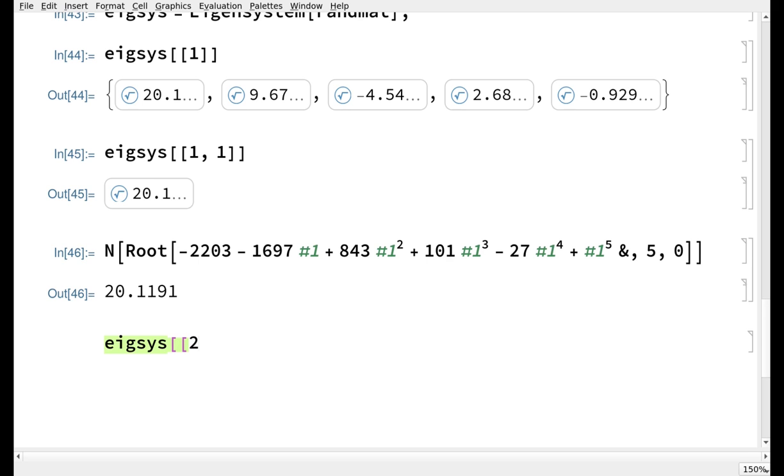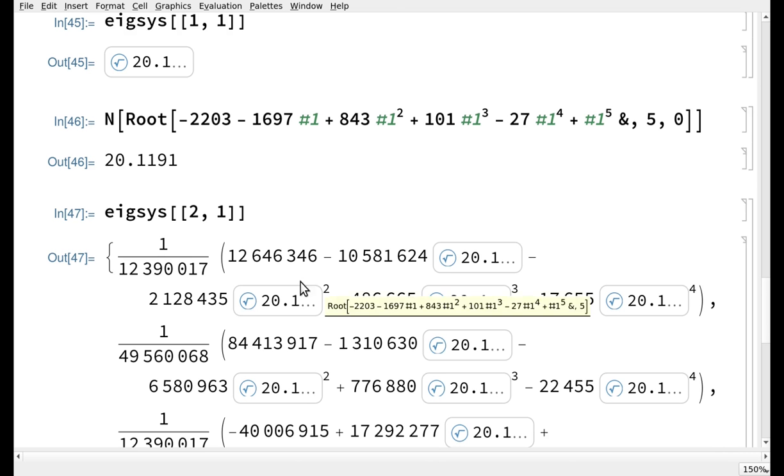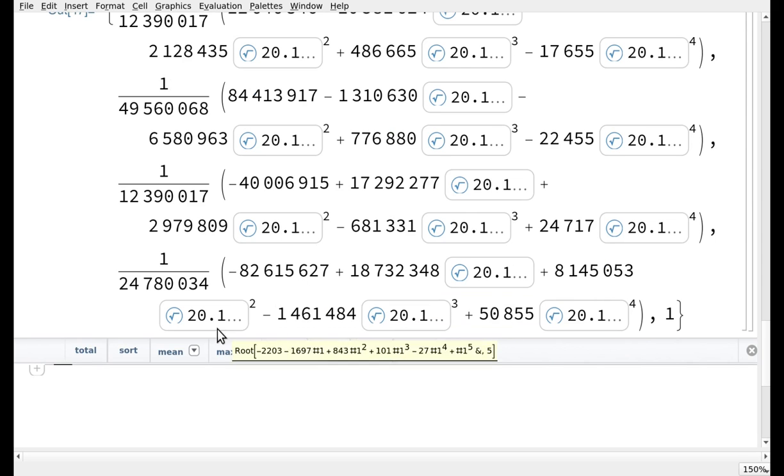Now I want the second entry, because the second entry is a list of eigenvectors, and I want the first vector in that list. So I want the first eigenvector, which will correspond to the first eigenvalue. So I do double bracket 2 comma 1 to get the first entry in the second member of the list. So there it is. Now that's still kind of awful to look at.